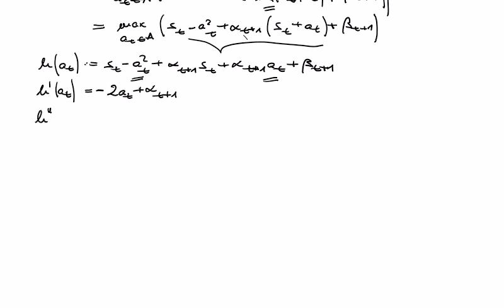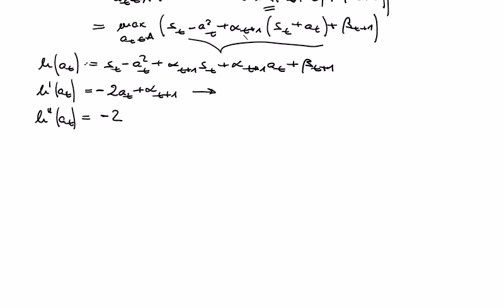And the second derivative is what? Minus 2, like it was all the time, which is good because then we know if we have the first derivative equal to 0, then it's definitely a maximum because the second derivative is negative. So we can use this and set it to 0.